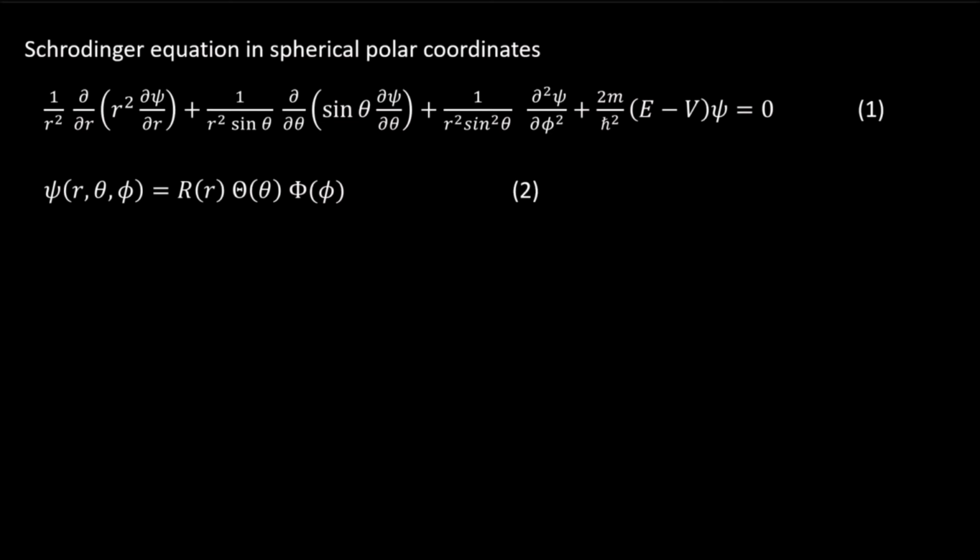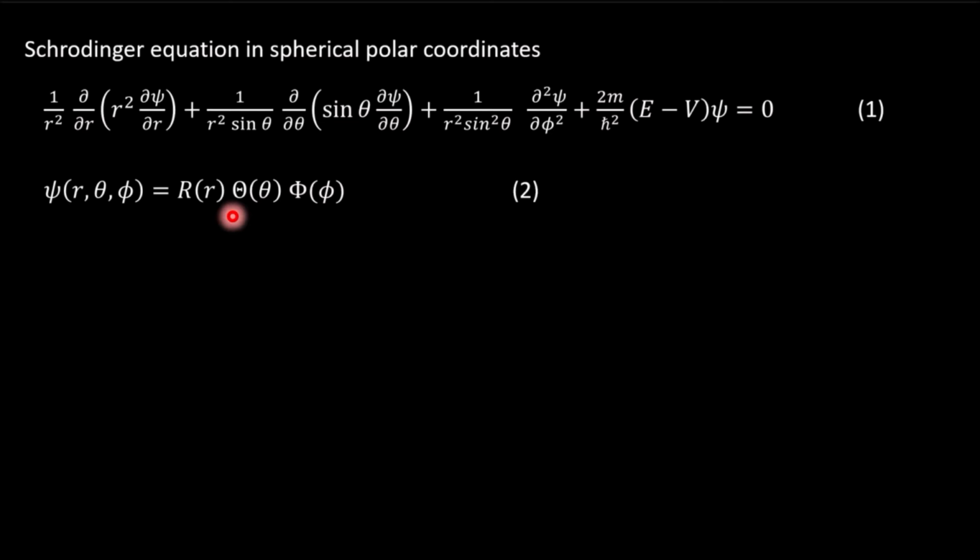The function capital R describes how the wave function psi varies along a radius vector from the origin, with theta and phi kept constant.